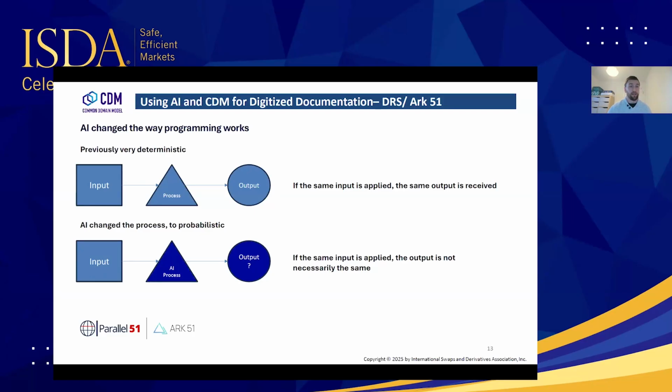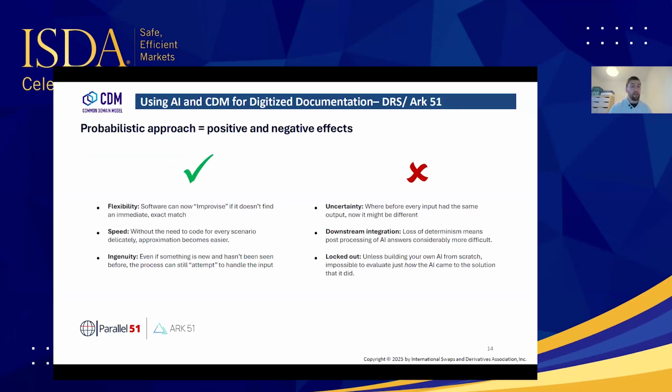You put 2 plus 2 into a calculator, that process adds it up, the output is always 4. If you put 2 plus 2 in again, you will still get 4 over and over again. So there's 100% certainty your process is going to spit out 4 at the end when you put that input in. AI actually flipped that on its head a little bit.